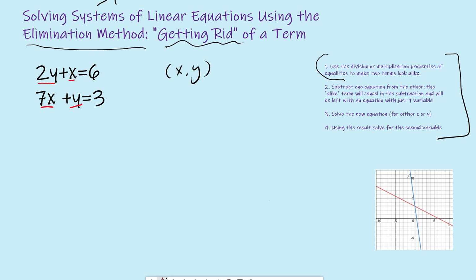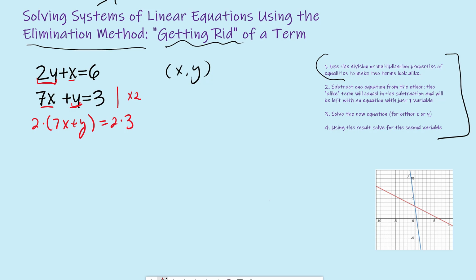Well, for instance, I want to have the same coefficient for y in both equations. How will I do that? Well, let's take this equation and multiply both sides by 2. What do we get? We get 2 times 7x plus y equals 2 times 3. Right? We multiplied both sides by the same number, and so the equality still holds.